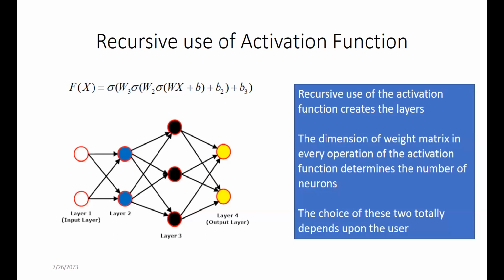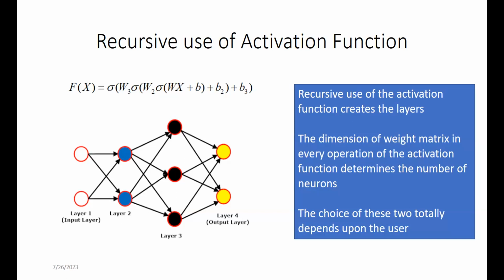Whenever you encounter a question where I'm training an artificial neural network model with 100 hidden layers in that neural network, this term 100 hidden layers means, mathematically, that the activation function is used 100 times to train that model.